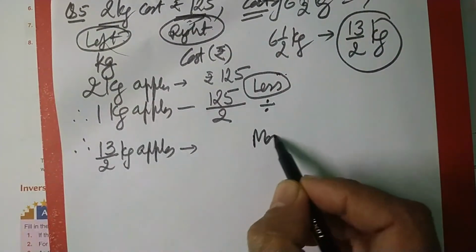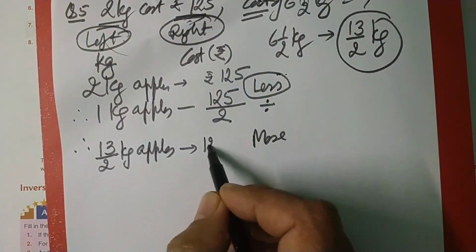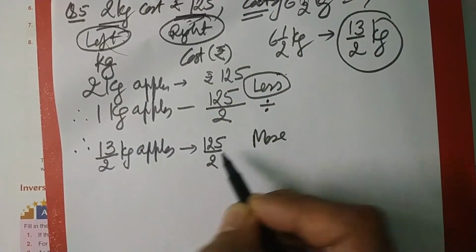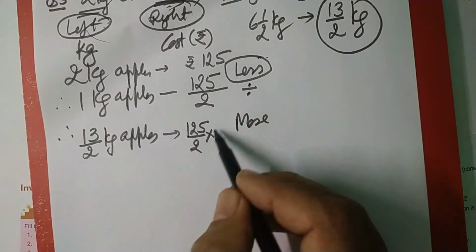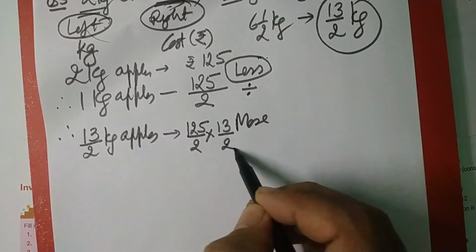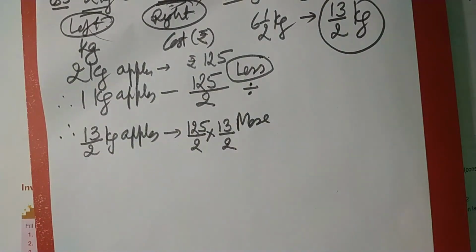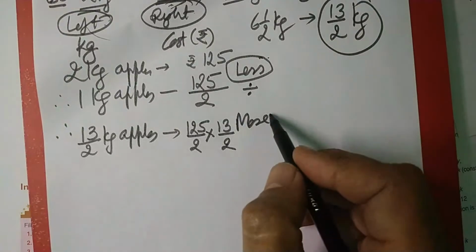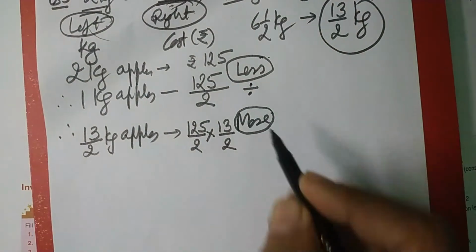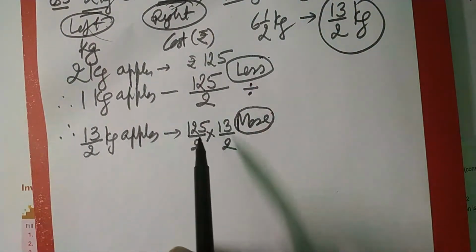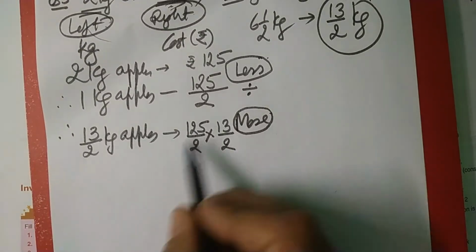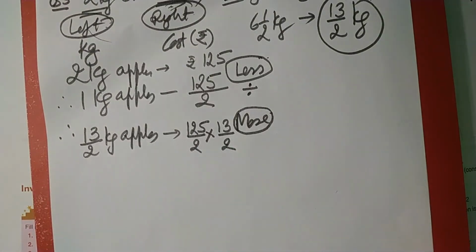So more means multiply. So 125 upon 2 multiplied by 13 upon 2. So when do you multiply? When the value should be more. So now you will multiply this and you will get the answer in fraction.